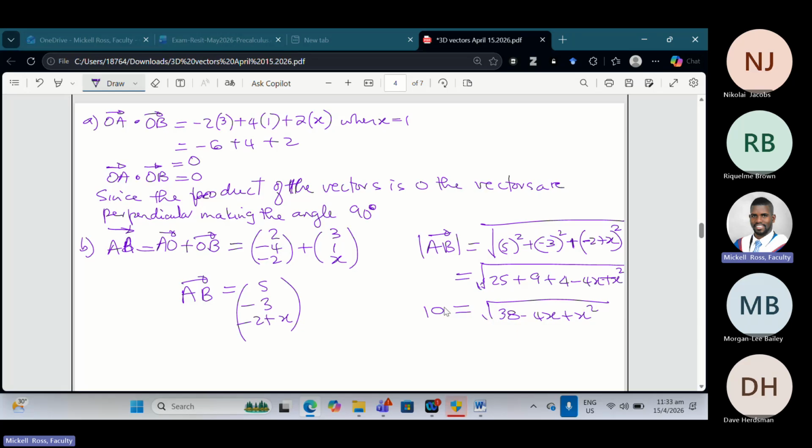To solve this, all we have to do is square both sides because we need to get rid of the square root. So we're going to get 100 is equal to 38 minus 4x plus x squared.